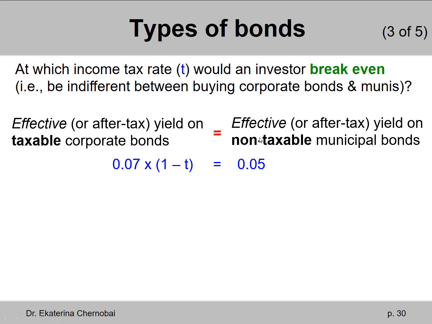The after-tax return on the municipal bonds is 5% as given, and so is the after-tax return on the corporate bonds.